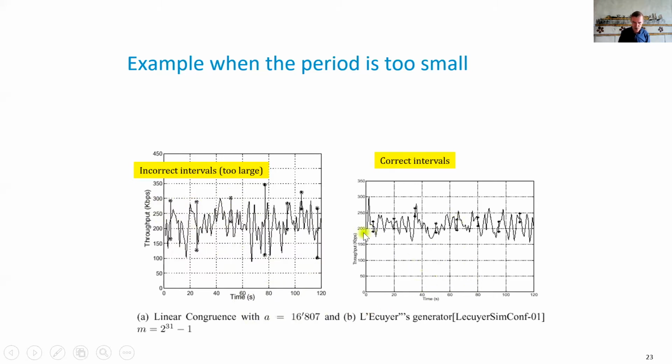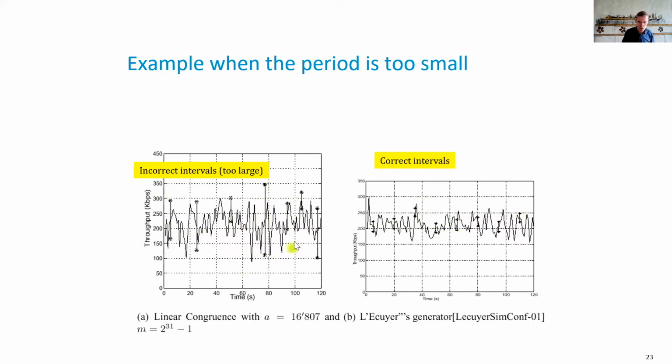And I computed confidence intervals for the throughput at different points in time here. Of course, I obtain different samples because the output is random. And if I use a different random generator, I have no expectation that I would obtain the same output, hopefully. But I computed the confidence intervals based on independent replications, and I see that they are very different here with the two random number generators.